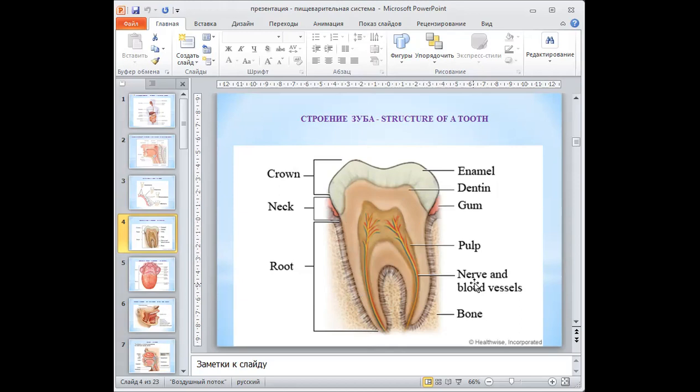Tooth crowns form the tooth rows, upper and lower. Each tooth row contains 16 teeth, which are located in the form of a dental arch. There are 3 types of teeth.